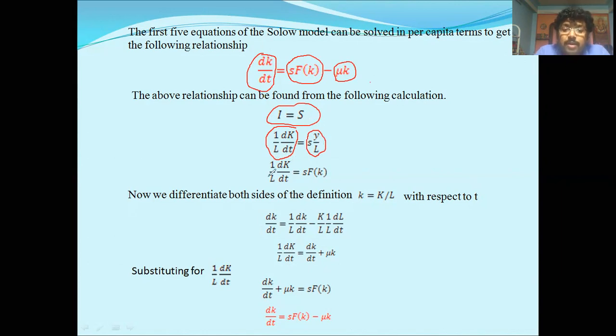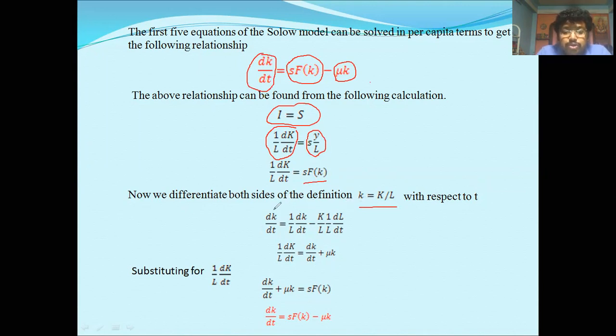Now 1 by L dK by dt equals s times f of small k. Okay, and it is also Y by L equal to f of small k. It is also known to us. Now we differentiate both sides of this equation by the differential formula.